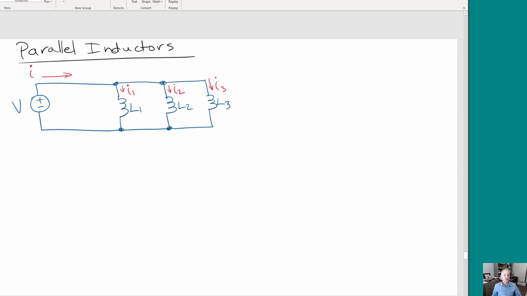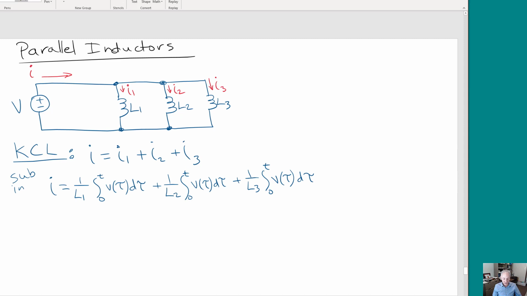For parallel inductors, imagine we have 3 parallel inductors with a voltage source, and then you're going to have some current I flowing in, and you're going to have an I1 going in, I2, and I3 in each branch. Then, using a KCL equation, we're going to have I is equal to I1 plus I2 plus I3. If we sub in the integral relationship for current that we found earlier, for this I, we got this, for this I, we got this.